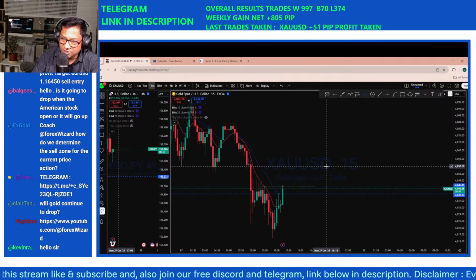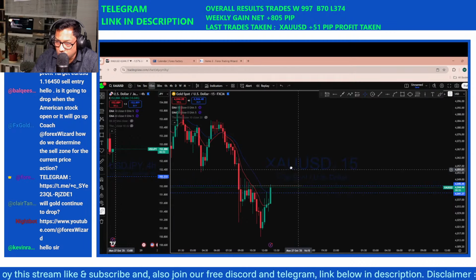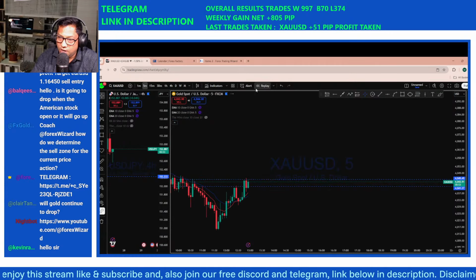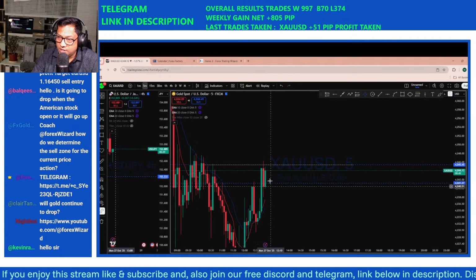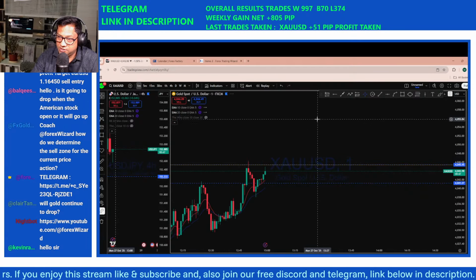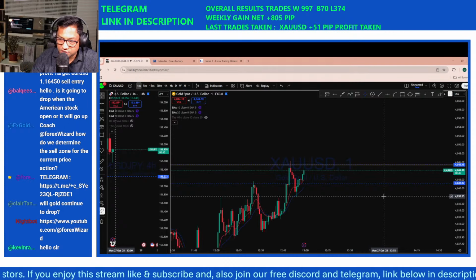So the best way is to wait for this candle close. The candle close showing that possibility, showing that upside bias here in this market.